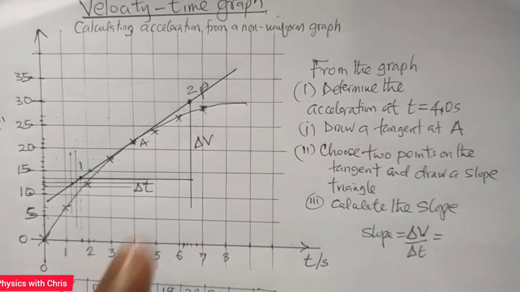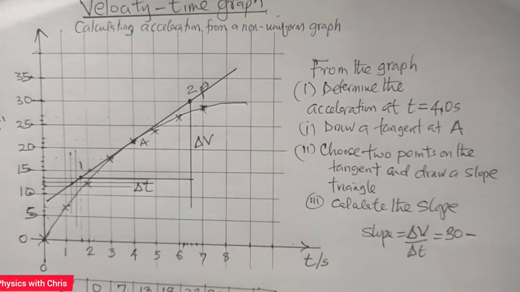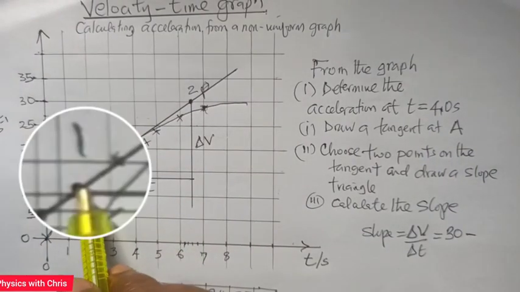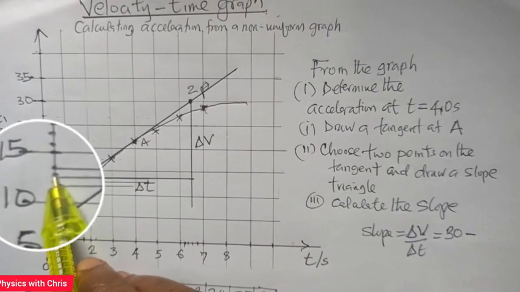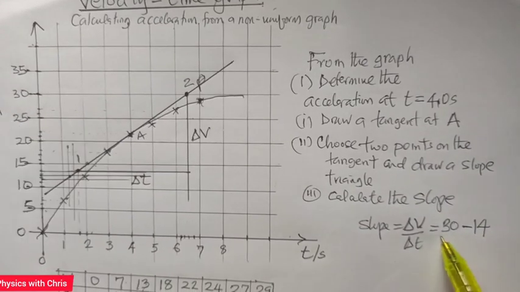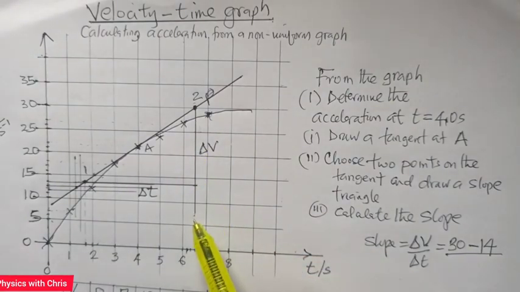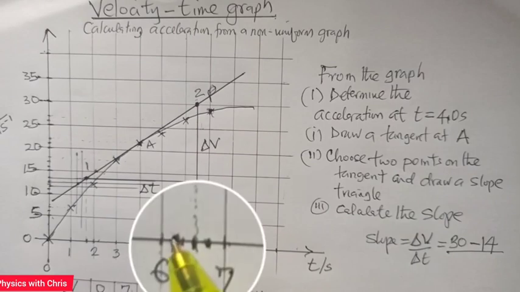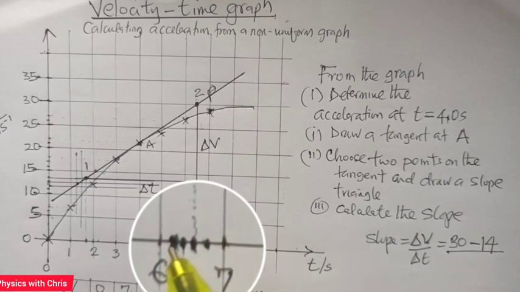So I'll come to point 2. My V2 is 30, minus, come to point 1. My V1 is, this is 10, 11, 12, 13, 14. It's roughly 14, over, what's my T2? Come to point 2. Trace it down to the time axis. This is 6.2, 6.4, 6.6, 6.8, and then 7.